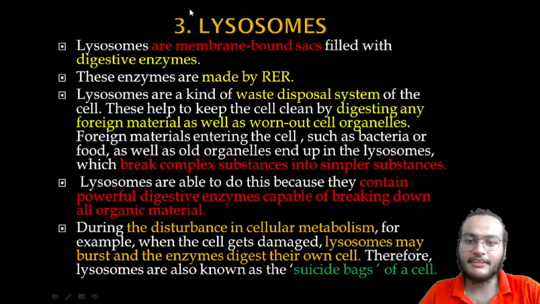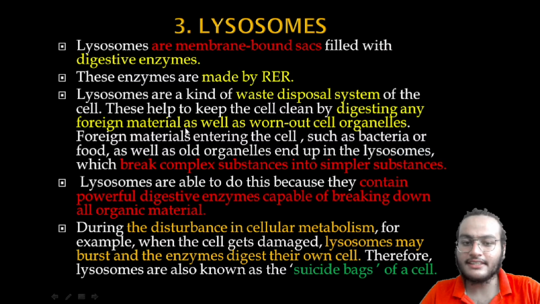The next organelle we will be talking about is lysosomes. What are these? They are membrane-bound sacs filled with digestive enzymes. These digestive enzymes are made by the RER. What is the function? They are the waste disposal system of the cell. They digest any foreign material as well as worn-out cells.